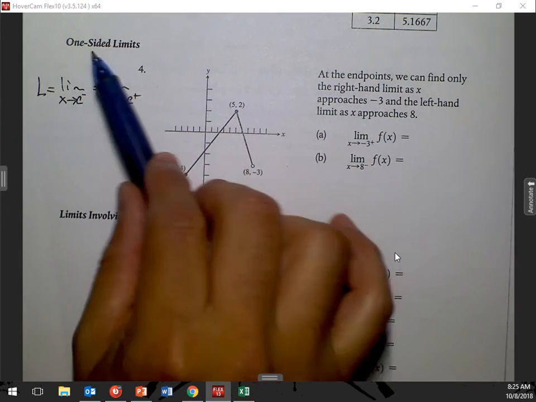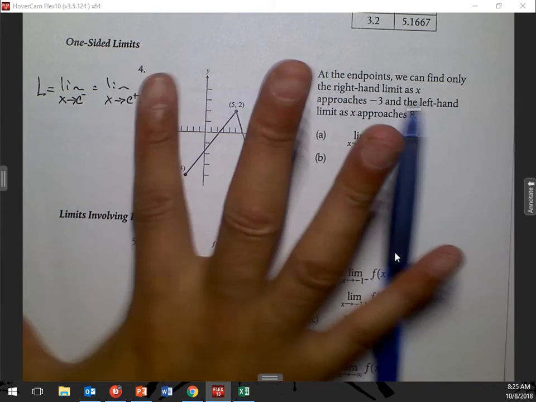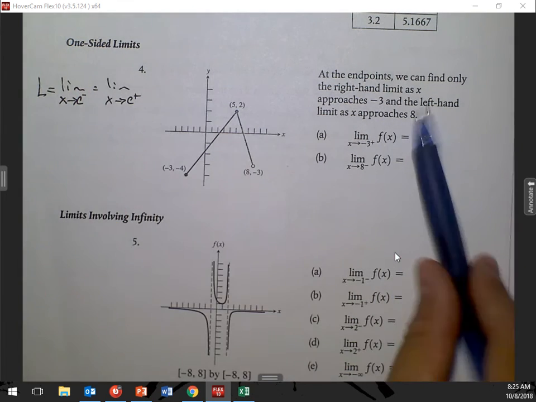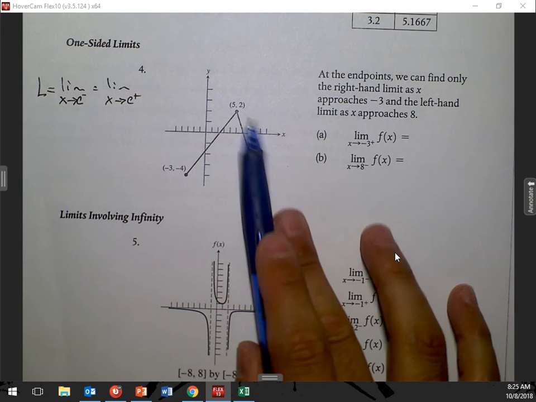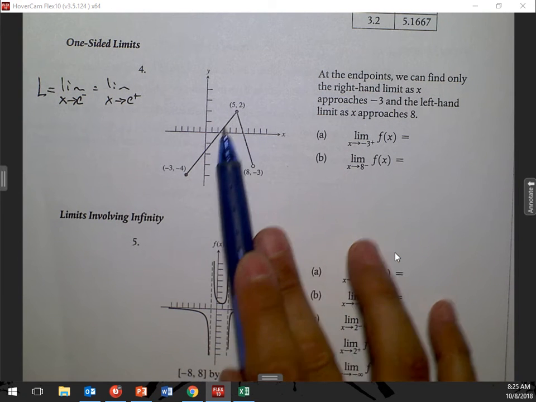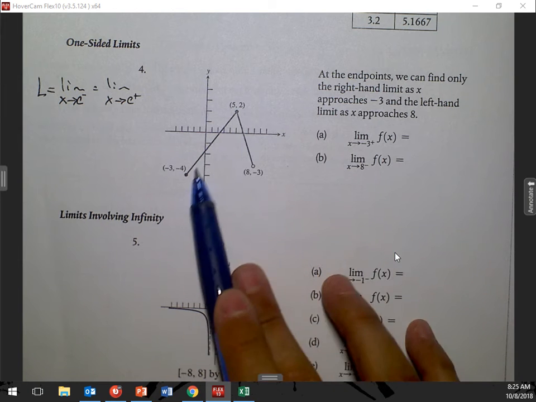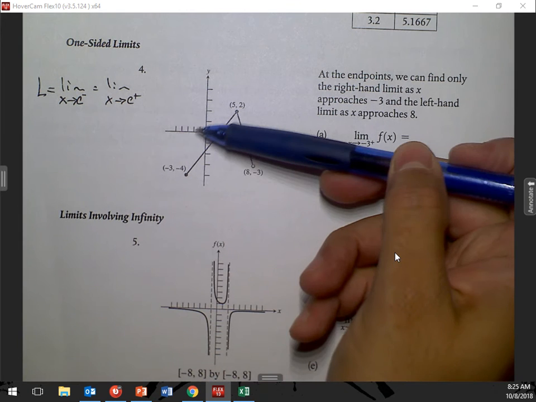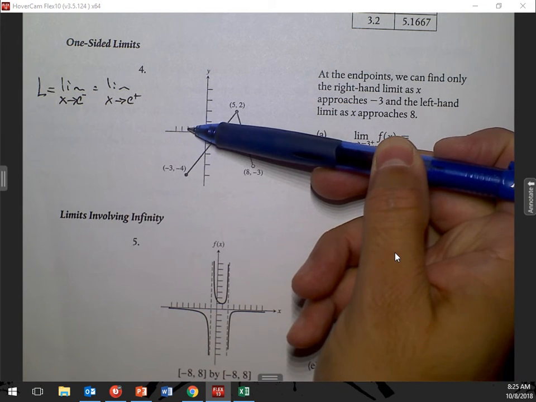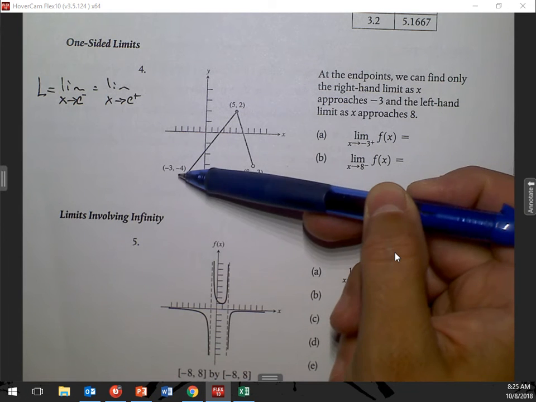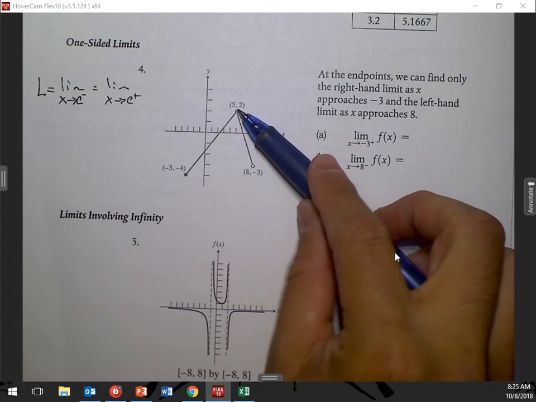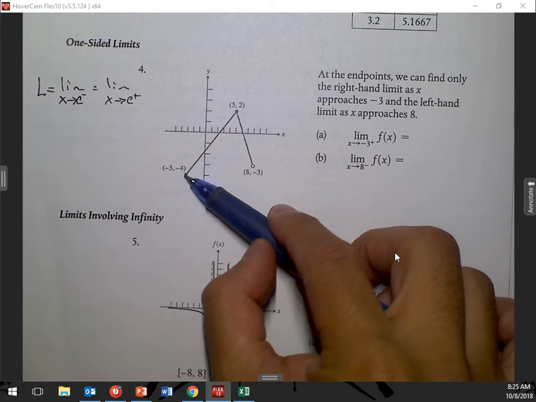But now, if we're only talking about one-sided, we're only going to talk about either left hand or right hand. So right here, as the limit of this function approaches from the right-hand side, I have 1, 2, 3. So -3 from the right-hand side, that works because it's continuous from the right-hand side going to the left right here.